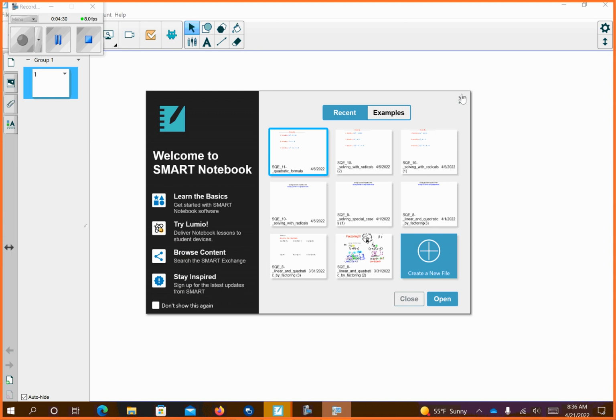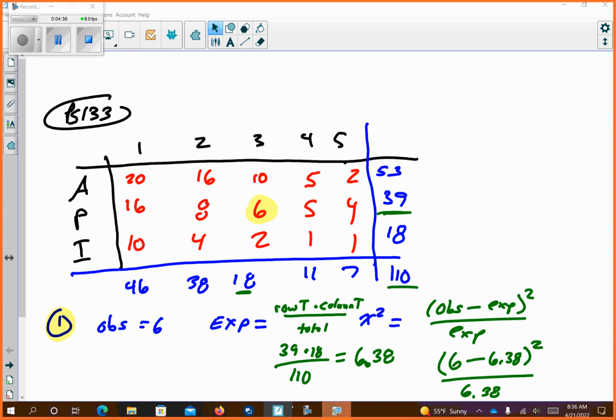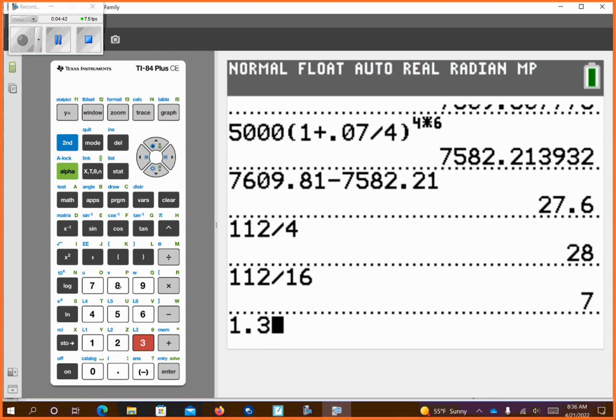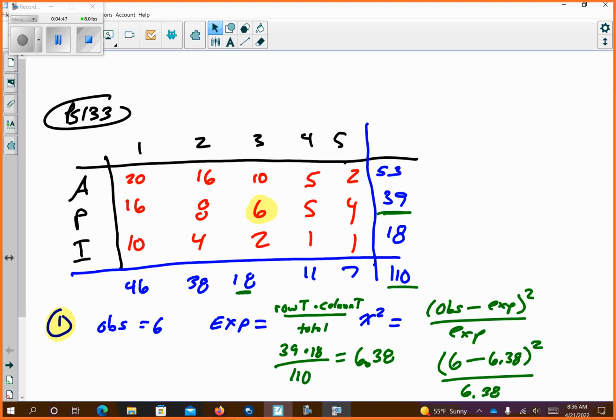Okay. So I'm going to go 6 minus, so 0.38 squared, divided by 6.38.